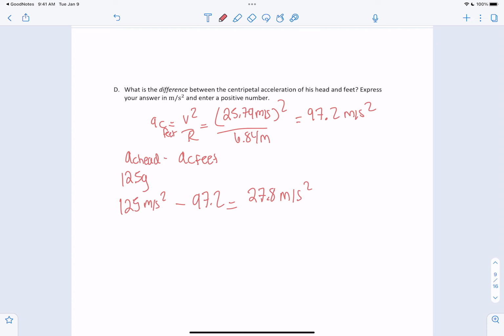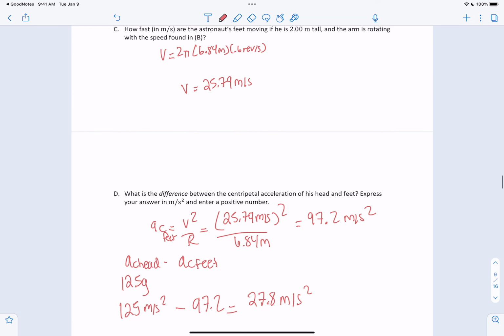The acceleration for his head was already determined in the problem; they gave us that information. They told us the maximum acceleration for the whole arm and person was 12.5 g. So 12.5 times 10 meters per second squared is 125 meters per second squared.